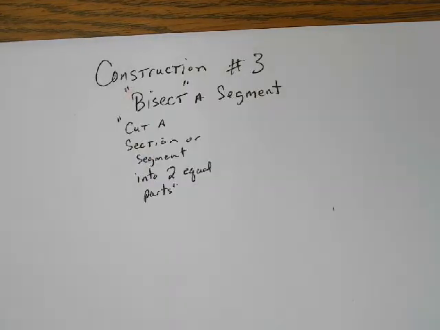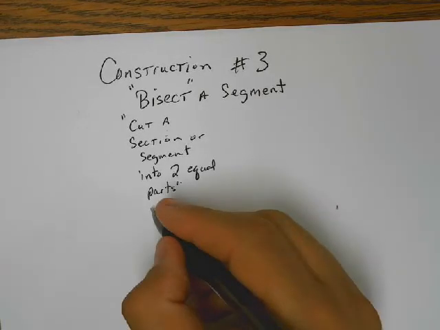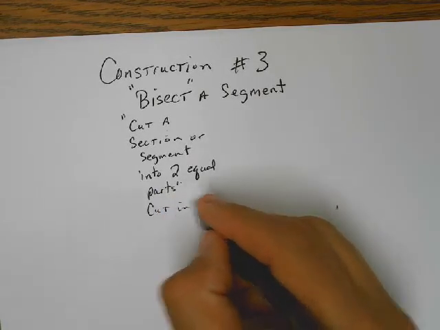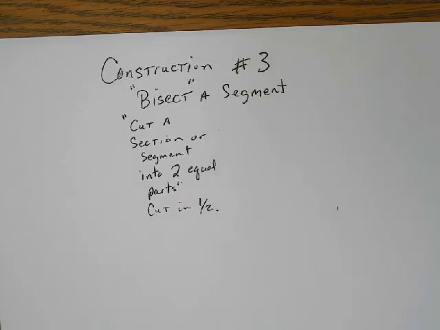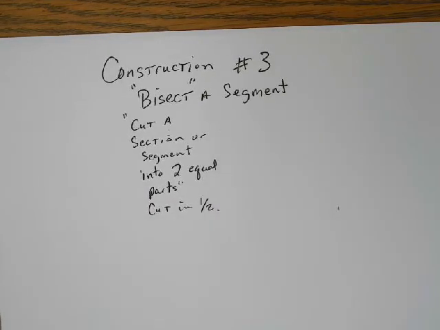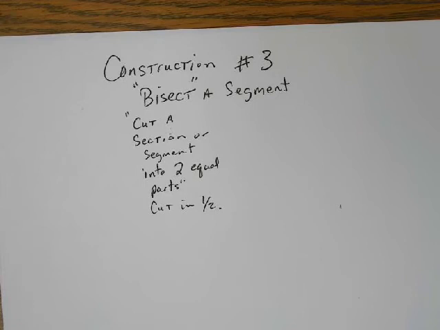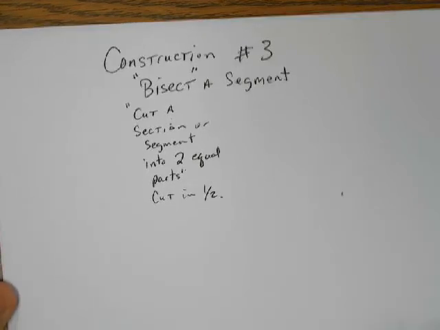Basically, you cut it in half. So we bisect the segment, we cut it into 2 equal parts.